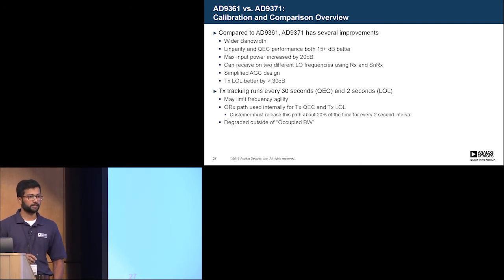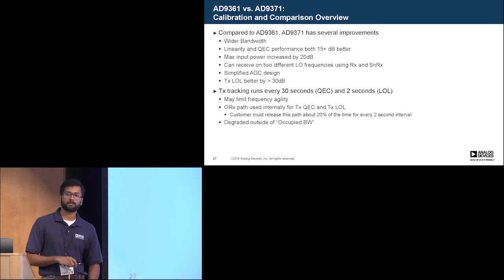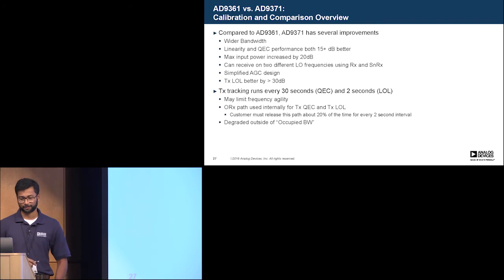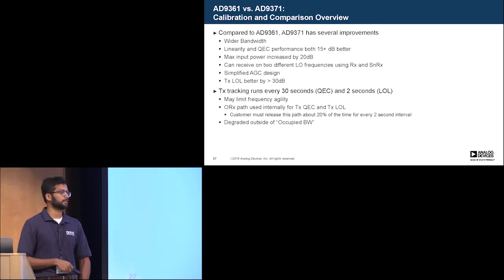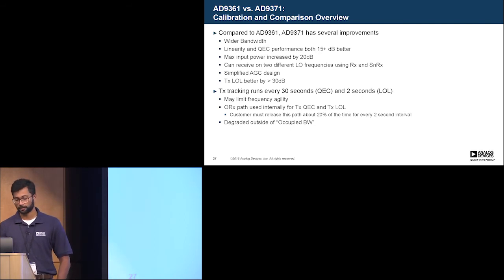We have a simplified AGC design as opposed to the 9361, which was sometimes buggy. Some people have complained, but TX LO leakage is better by 30 dB. This is great because now I'll speak to it in a future slide.